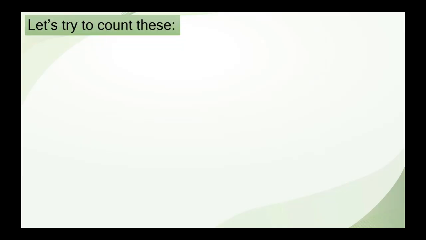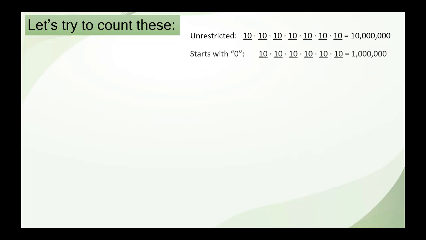So if we tried to incorporate all these rules, what would that counting really look like? Well, if we had no restrictions, that would be 10 possibilities for each digit, which would be 10 million numbers. If we started a phone number with 0, then we would just be choosing the next 6 digits, which would all have 10 possibilities.